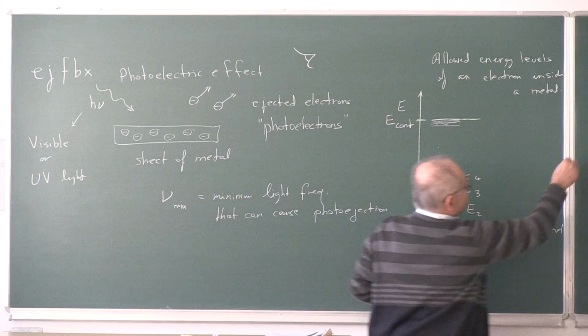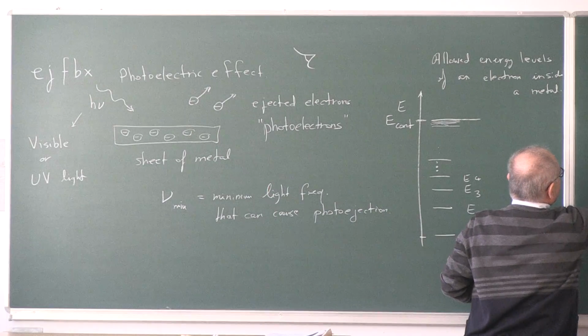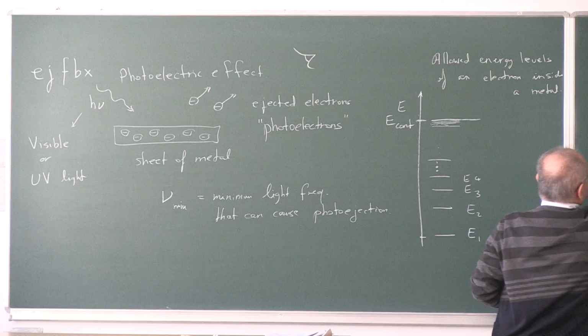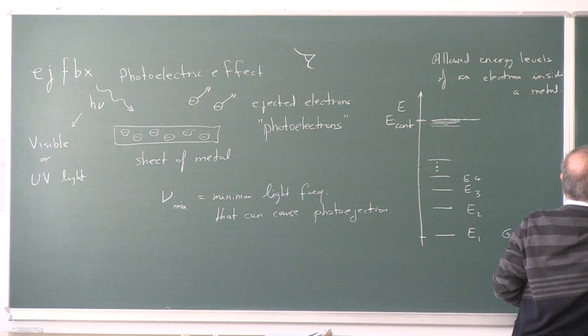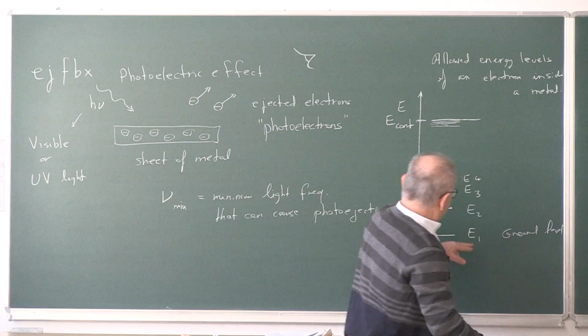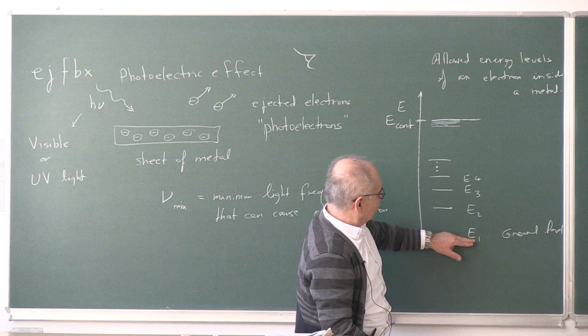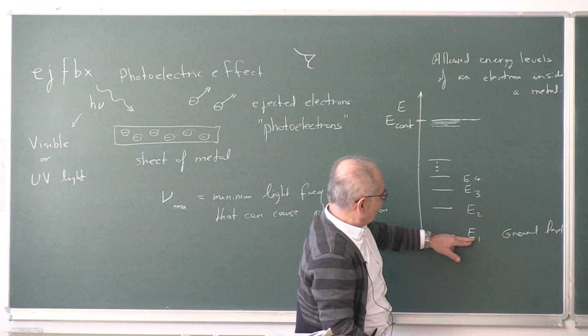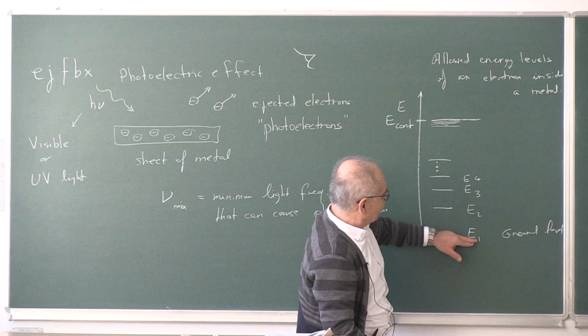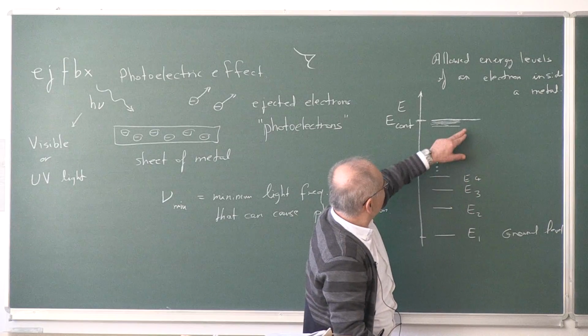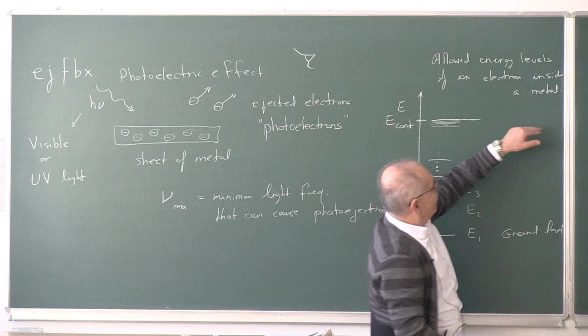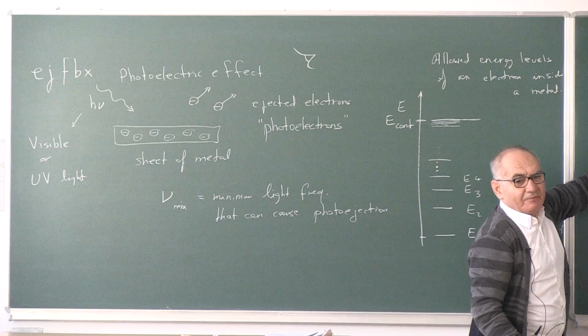In fact, for E continuum, you may say, the index which labels the discrete energy levels as 1, 2, 3, 4, when we come to here, the index value becomes infinite.